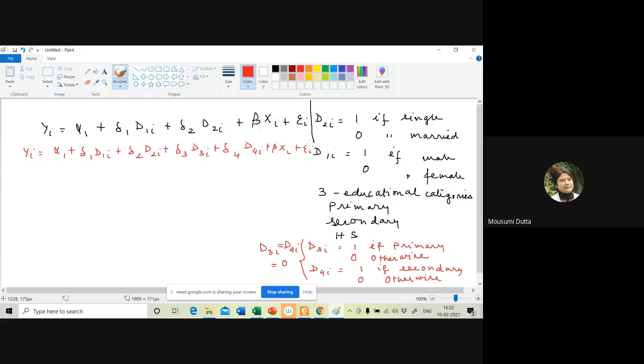So when all the dummy variables are equal to 0, that is D1i, D2i, D3i, and D4i are all equal to 0, we are getting the intercept to be alpha 1.